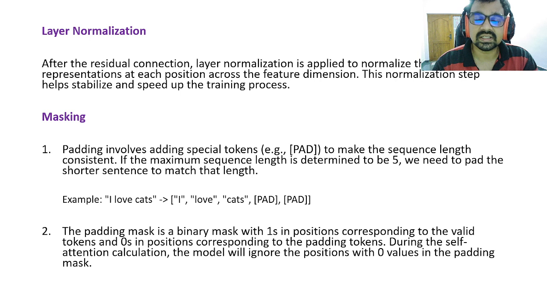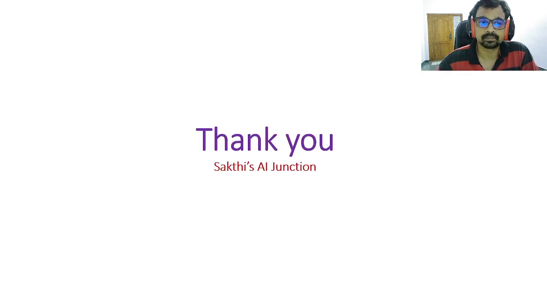In order to have consistency, we add padding. Padding is nothing but adding extra zeros to your input sequence. The transformer model will understand during processing to ignore the positions with zero values, which were added as padding during the masking process.